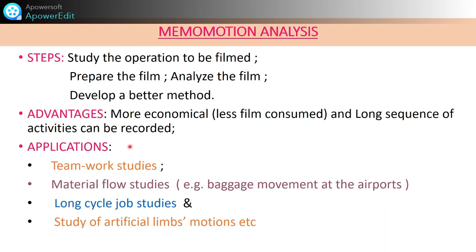What are the applications for this? Teamwork studies, material flow studies such as baggage movement at airports, long cycle job studies, and study of artificial limb motion, etc. You can find a number of applications in industry, and you can implement them by using memo motion analysis also.